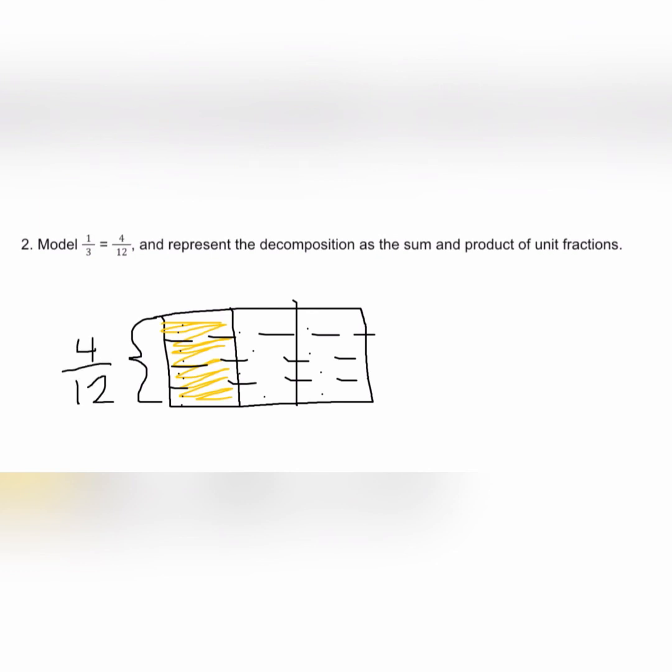Now let's represent the decomposition of 1/3 as the sum of unit fractions. So let's write 1/3 equals, and then you write how many times you add 1/12 to get to 1/3. 1/12 plus 1/12 plus 1/12 plus 1/12, and that equals 4/12.